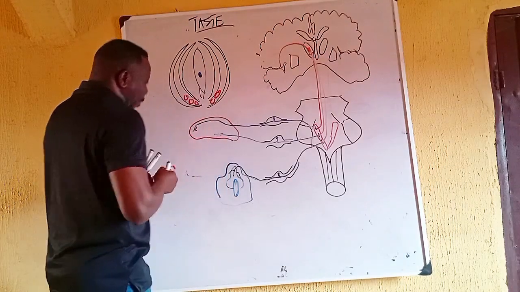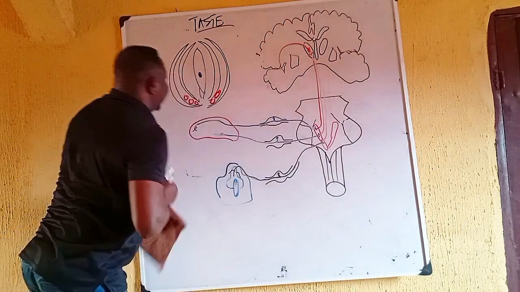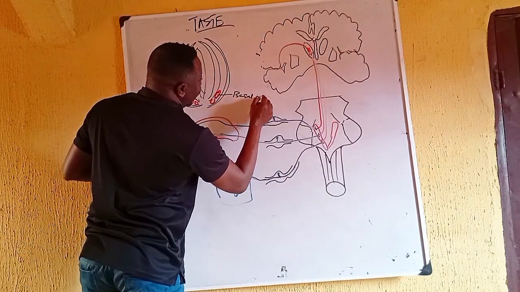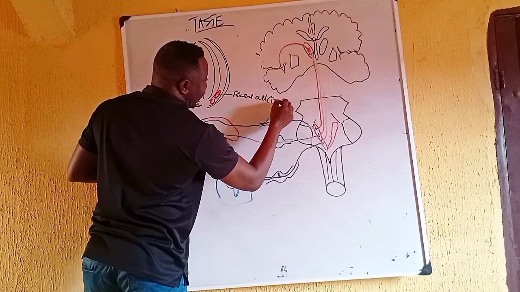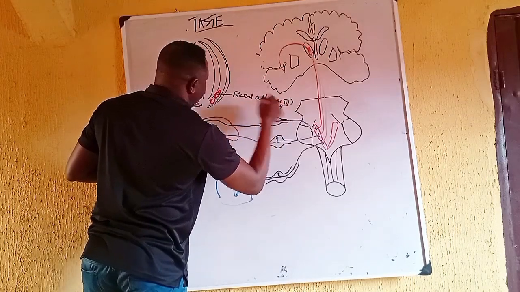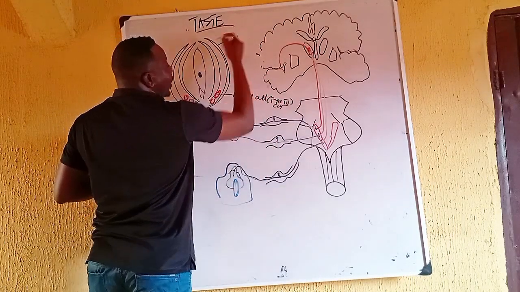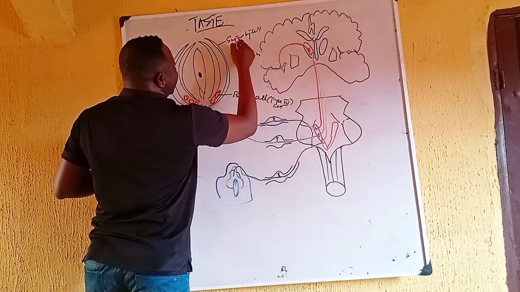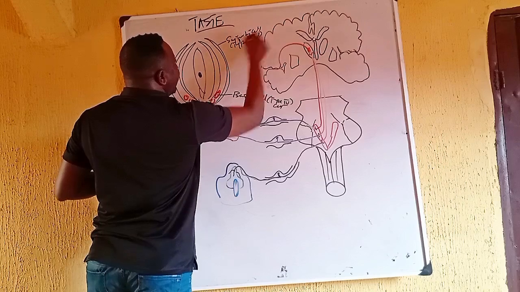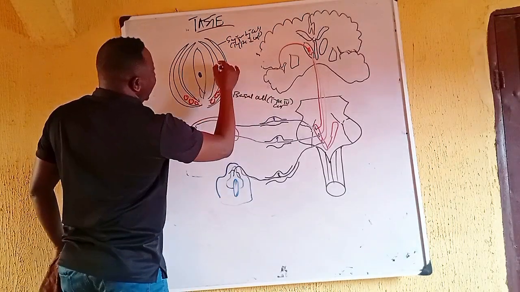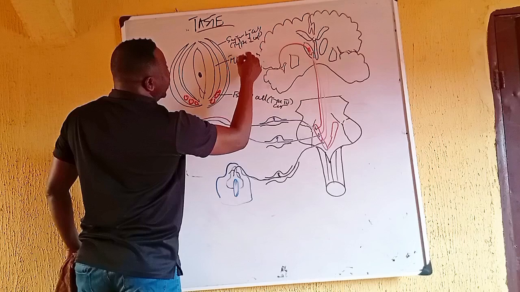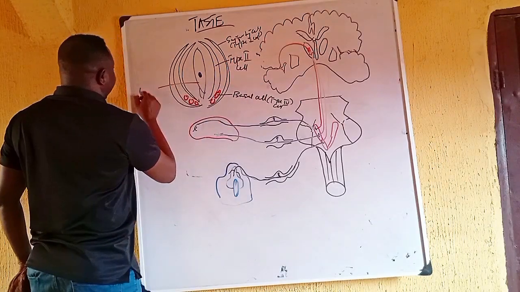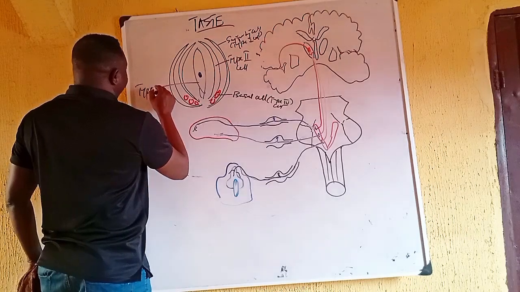The basal cells are also called type 4 cells, and they are also supporting cells. And then this one is also a supporting cell. We can call it supporting cell or type 1 cell. And then this particular one is known as type 2 cell. And of course, this is our type 3 cell.